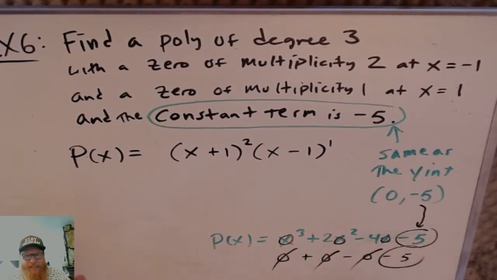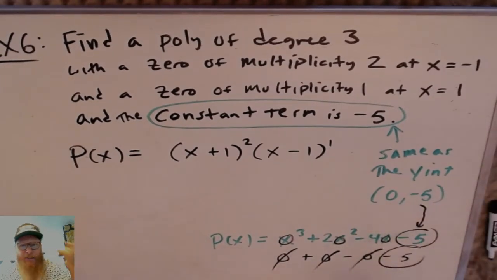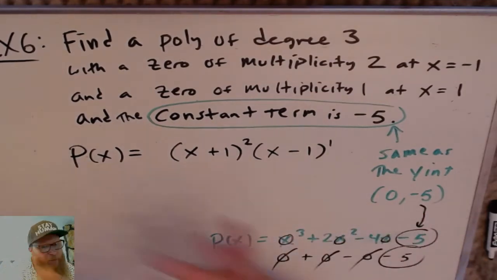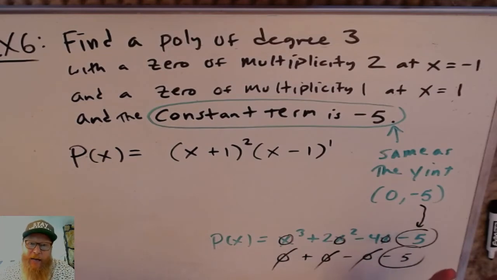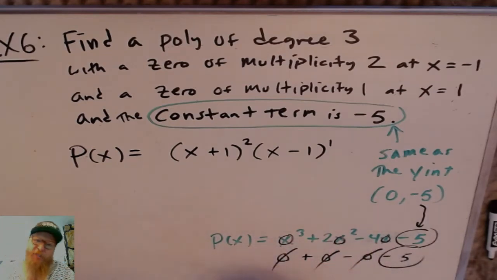And so that's the same as the point 0, -5. Yeah, that's the y-intercept. So those are synonyms. Y-intercept, constant term. They basically mean the same thing. It's kind of like saying x-intercepts and zeros. Well, those mean the same thing as well.